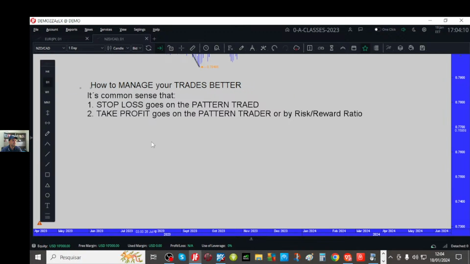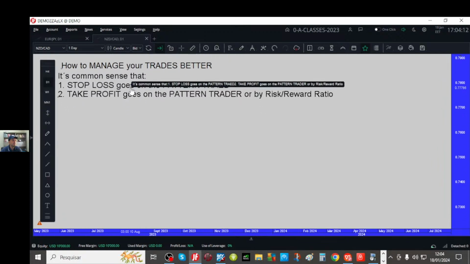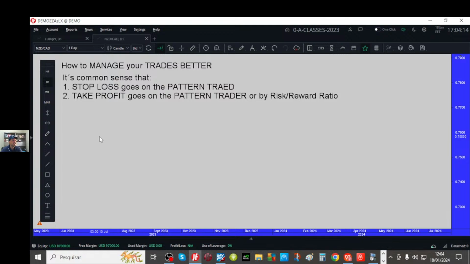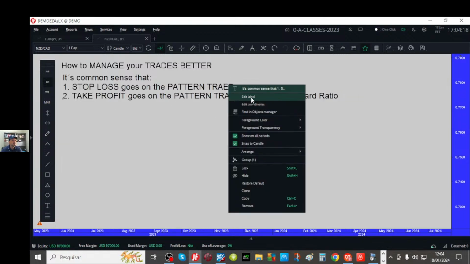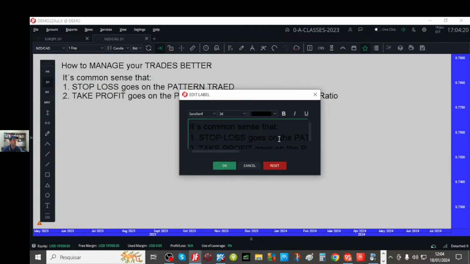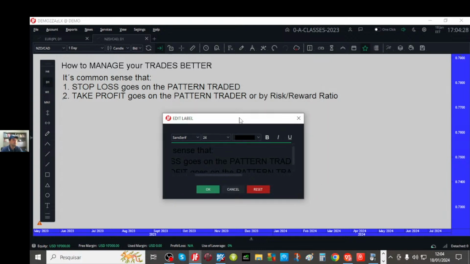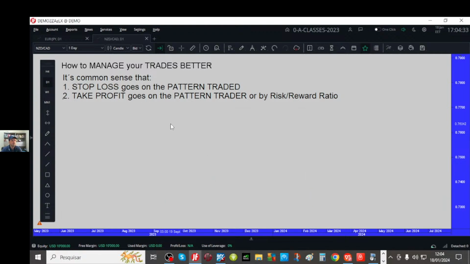USD JPY. Alright, so how to manage your trades better? It's common sense that stop loss goes on the pattern traded. Typo in here, stop loss on the pattern traded. Take profit goes on the pattern traded or by risk reward ratio. Now, what does this mean?